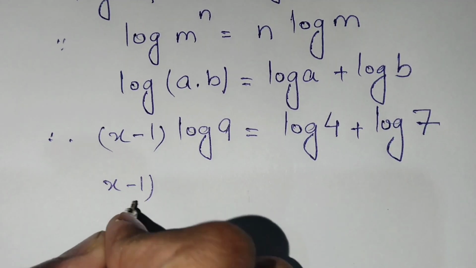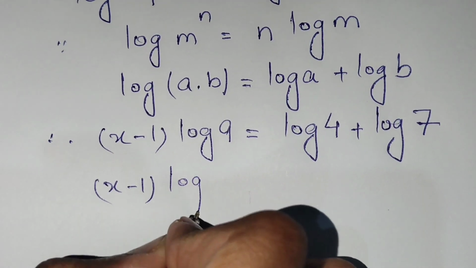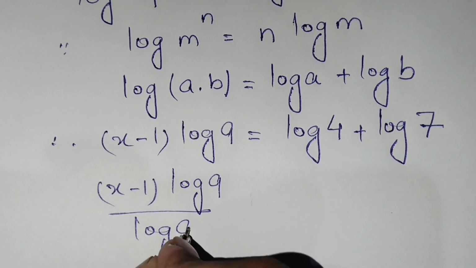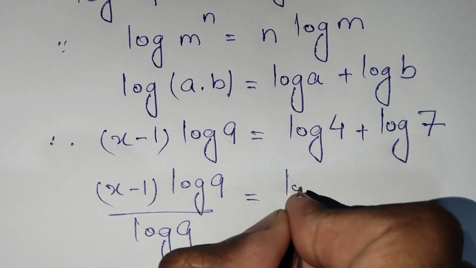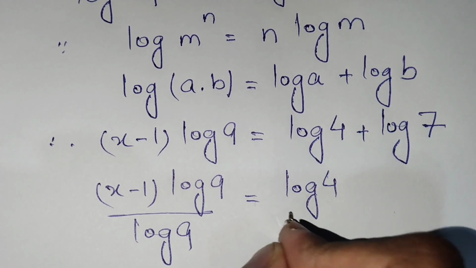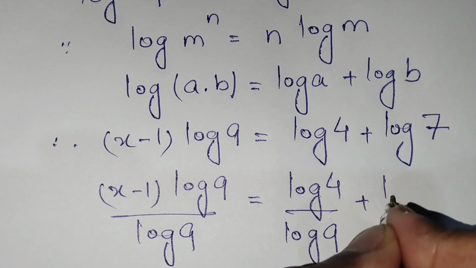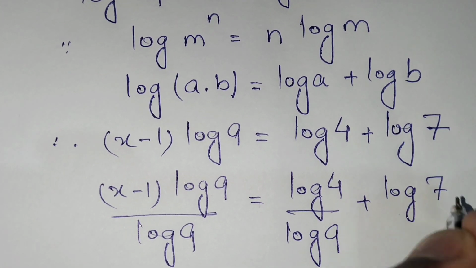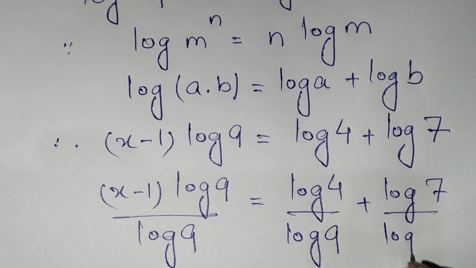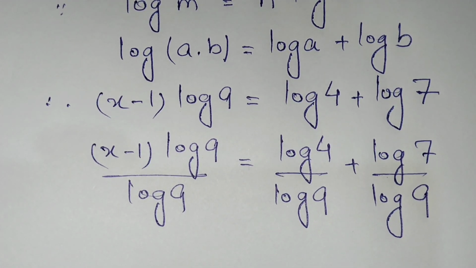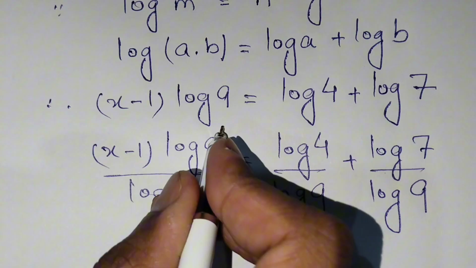That is x minus 1 times log of 9 divided by log of 9 is equal to log of 4 divided by log of 9 plus log of 7 divided by log of 9. Log 9 cancels with log 9.